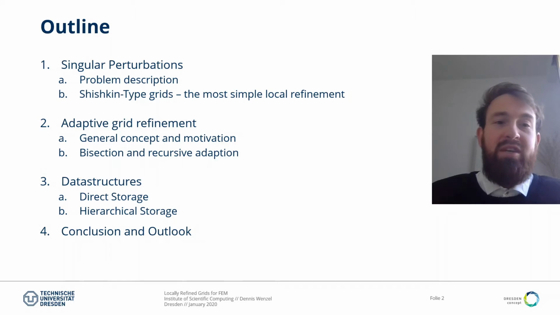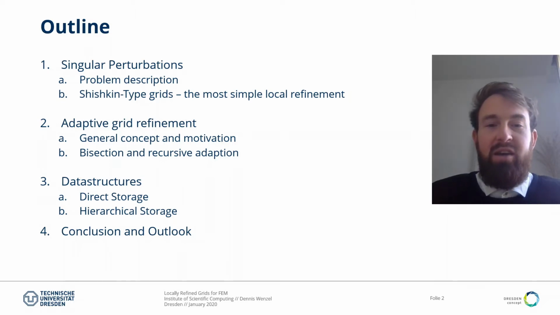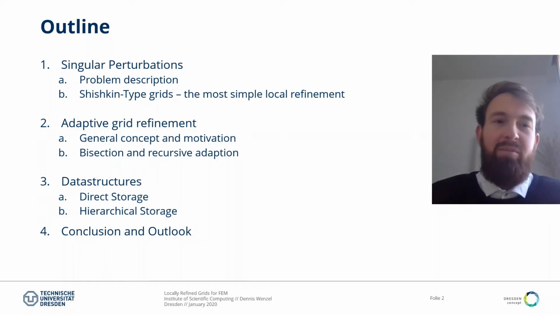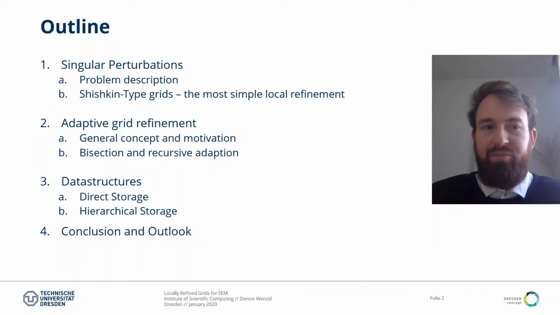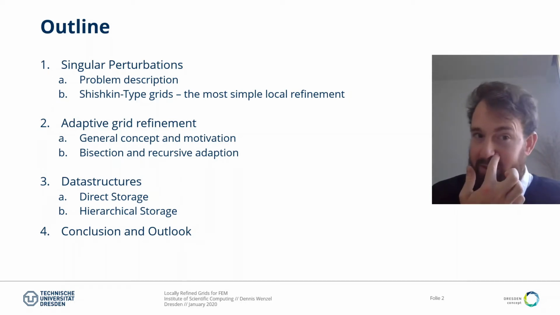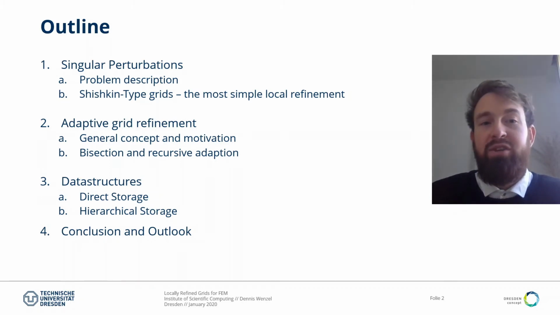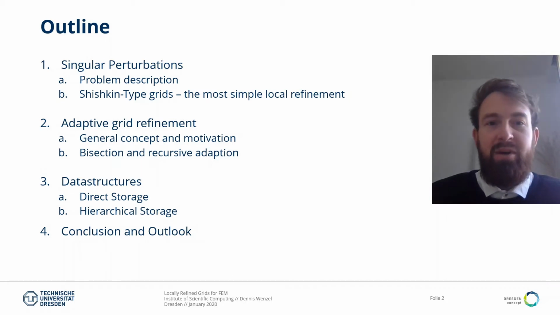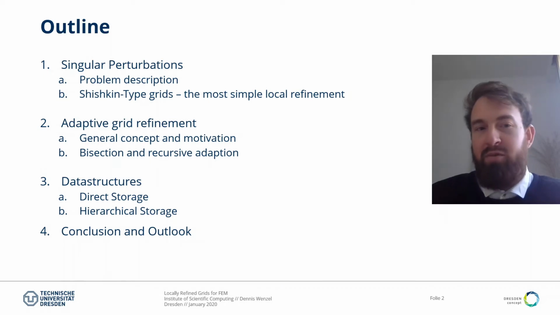And it's also the initial idea that gives you a hint on why and how this whole local refinement thing makes sense. And then we're talking about adaptive grid refinements, firstly in general, and a bit more in detailed motivation. So not just about the singular perturbations, but also about general problems that need adaptive grid refinements.